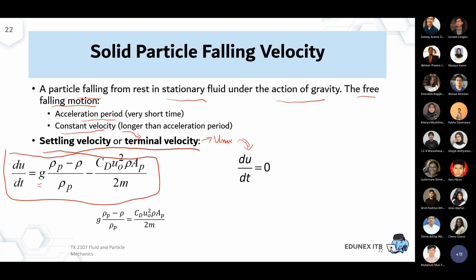So the derivation is actually simple from the previous equation. We know that terminal velocity applies at du per dt equal to 0. So the simplification will be that becomes 0. So we just have to move around the equation.